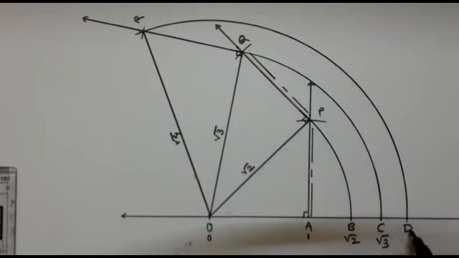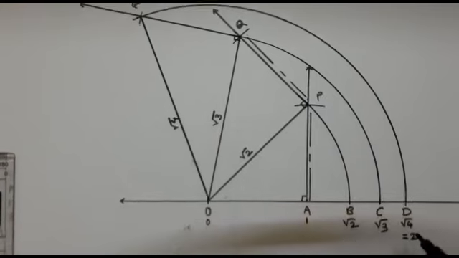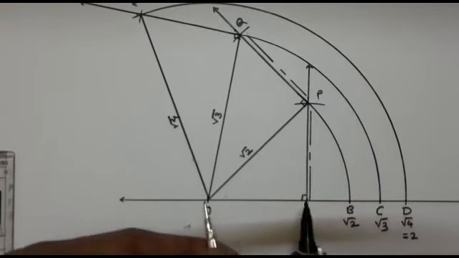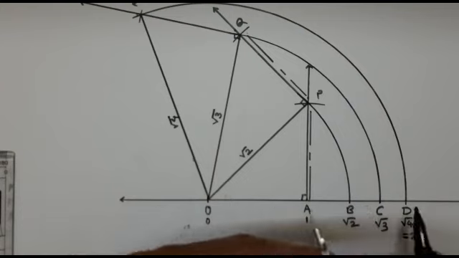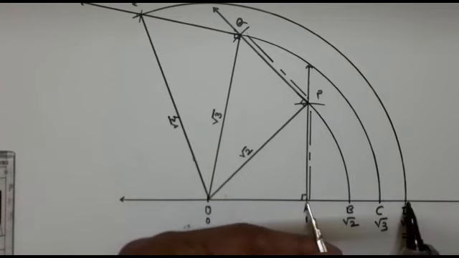Give the name D to this point, and it is square root of 4. Square root of 4 means this is equal to 2. We get the square root of 4, that means 2. Measure this distance, it is 1 unit, and D is at the 2 unit exactly.